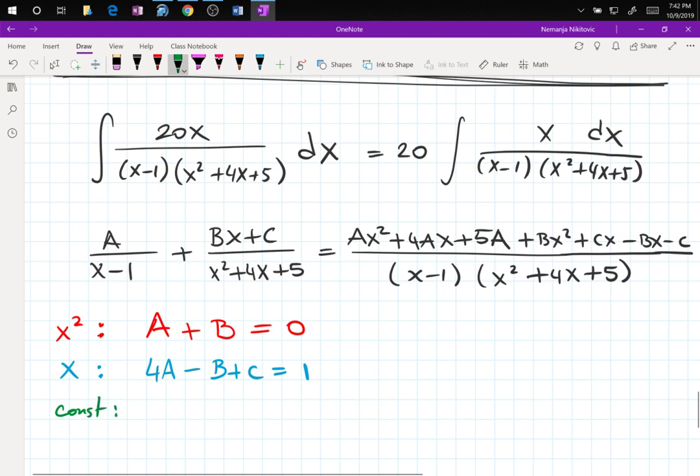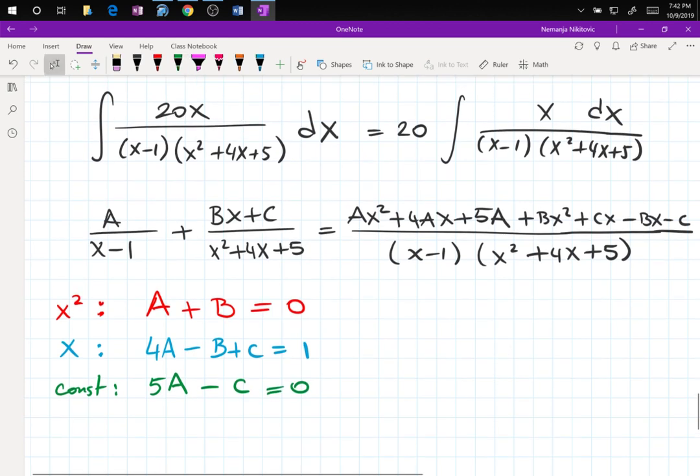One of these colors. I use colors because I have them, because I need to see. Maybe 0 x squared. Yes.